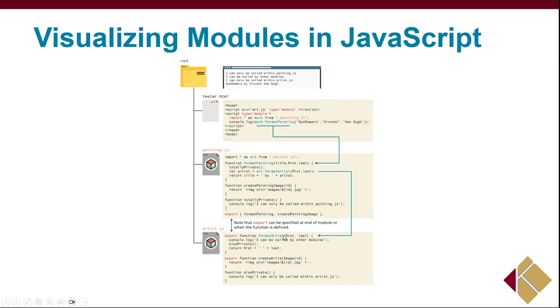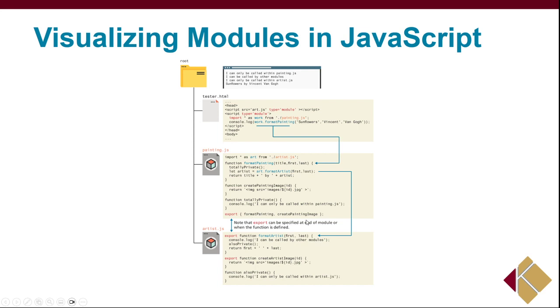And then down here, when it imports this, it is going to call the also private. I can only be, or sorry, it's going to call the stuff within the function first, and then the console log down here, and then it's going to go down and export.